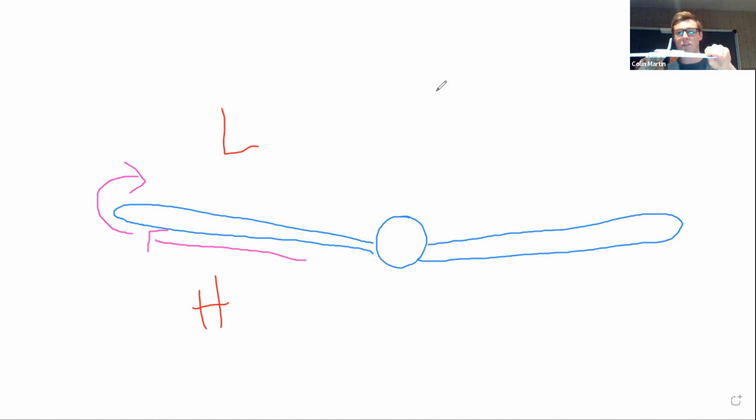So this little portion of the wing can't create perfect lift like the rest of it, which induces drag. Okay. So the lift from the wingtip is impacted by the vortices, and it causes induced drag. Yes.